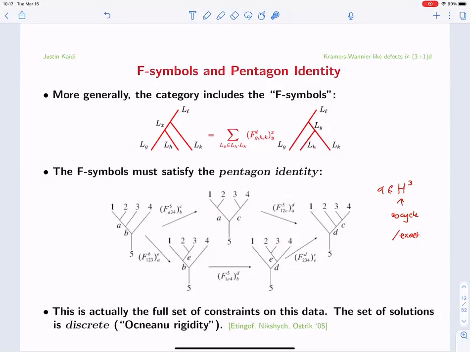Okay, so actually for today's talk, we're not going to discuss these F symbols at all. The reason why I mentioned them was basically to tell you that throughout this talk, I'm going to maybe colloquially use the word category, but I'm never really going to talk about the full categorical structure, whatever that might be in higher dimensions.